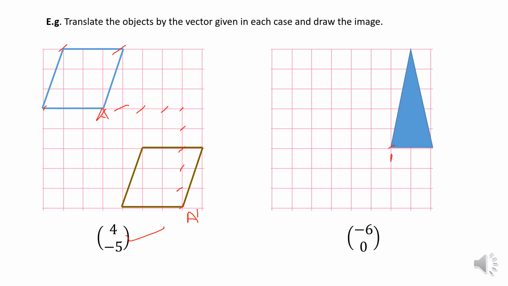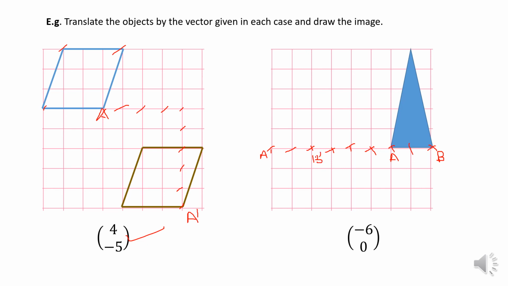So let's call that point A. All right, so we're going 6 places. That's 1, 2, 3, 4, 5, 6. So that point is going to be here. All right, and then this is obviously going to be your B. So 6 places, 1, 2, 3, 4, 5, 6. So your B is going to be all the way here now.